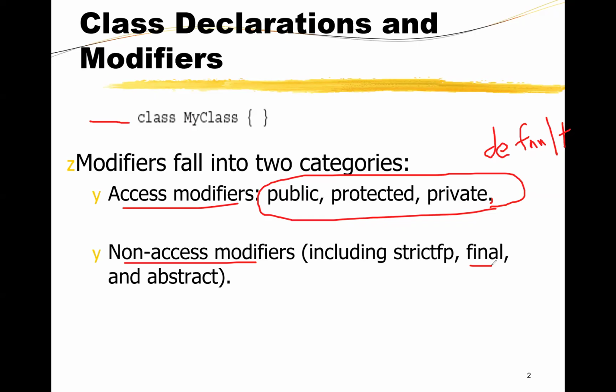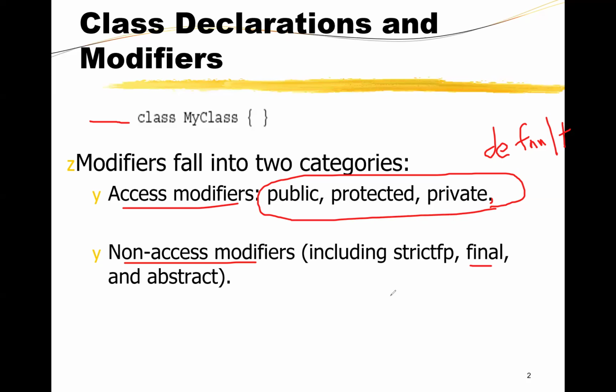And then static: if we define something as static, then static means attributes belong to the class, not to an object. Otherwise, when you declare an instance variable, each object has its own copy of the instance variable. But if it is a static variable, every object does not have its own copy, but all the objects refer to one single instance.